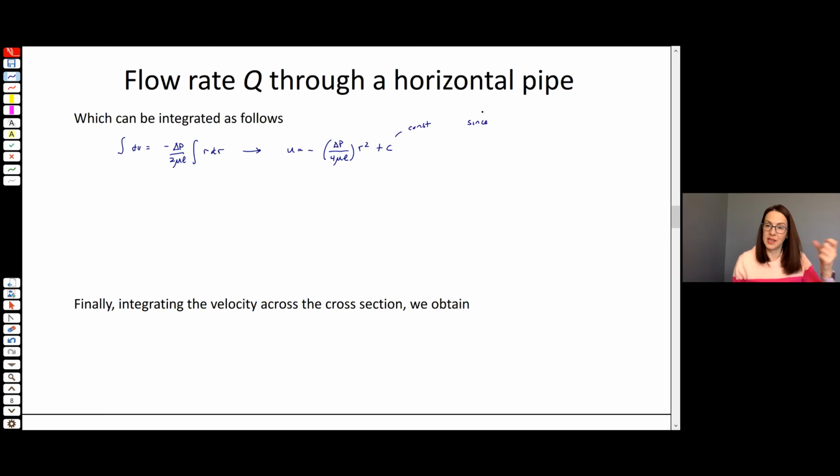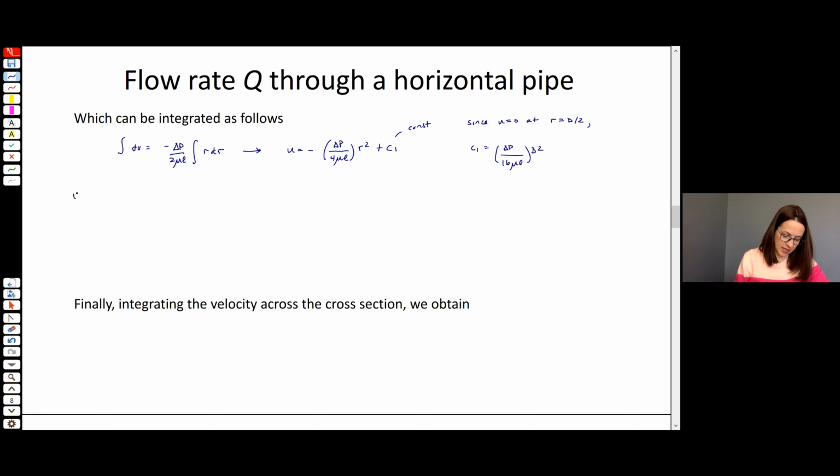Since the velocity is 0 at the wall, at r equal to D over 2, by the no slip condition, we find that C, let's call it C1, is equal to delta P over 16 mu L D squared. Right.